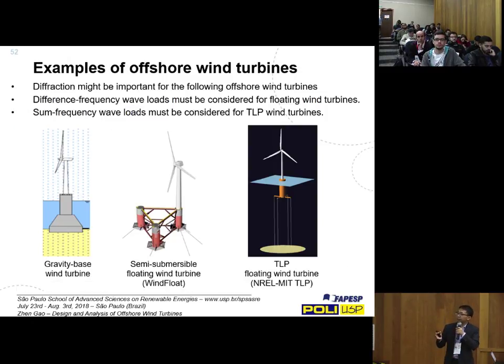And this linear potential flow theory can be used for relatively large volume structures like gravity-based foundations, semi-submersibles or TLP structures. In some cases, when the column diameter is not very large, we can even use the Morison formula for these structures.